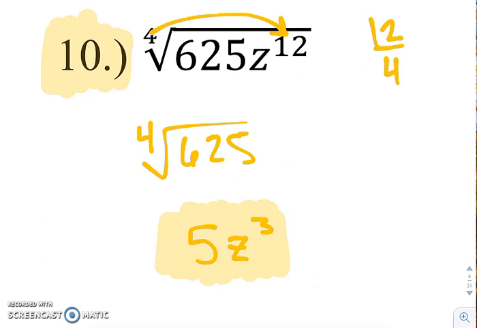So the fourth root of 625 z to the 12th is simply 5z cubed. And again, you guys could write out 12 z's and circle your groups. That's fine. It's just a little easier to know how many times that index goes into your exponent and what you have or don't have left.